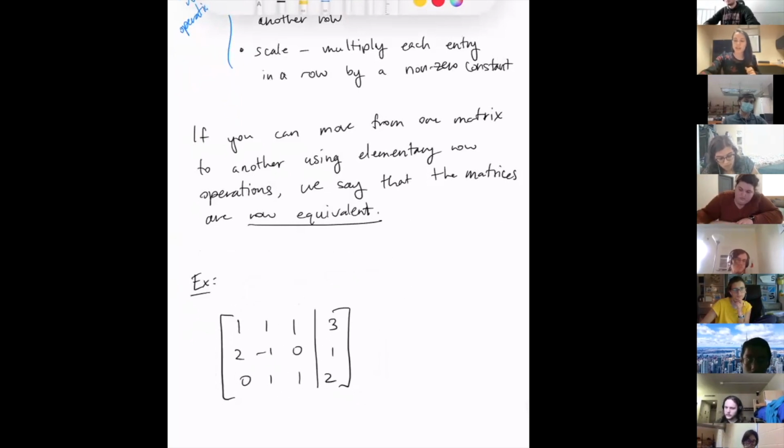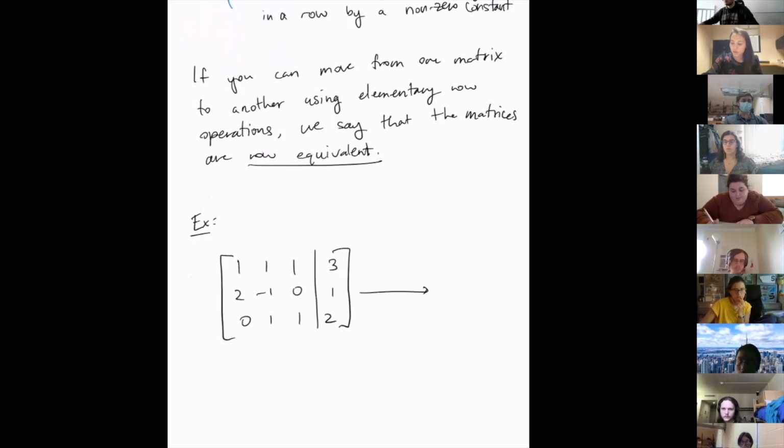I'm going to move this down a bit since I need some more room. When you're writing out your work, write the row operation that you're going to do above an arrow. Then use the arrow to denote you're moving to the next step of your simplification. Otherwise, it's really hard to follow your work if you don't tell me what you're doing.